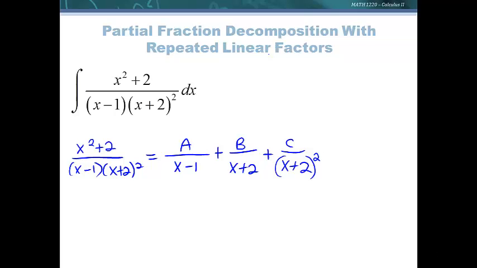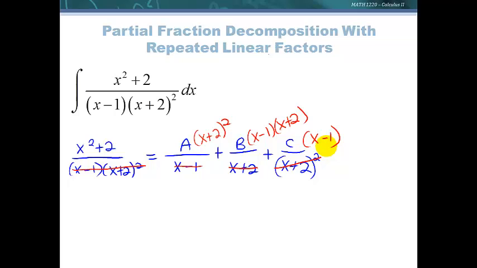So if we clear the fractions, if we multiply everything by x minus 1 times (x plus 2) squared, that would disappear here. The x minus 1s would go here, and we'd have left an x plus 2 squared. One of the x plus 2's would go here, and we'd have left an x minus 1 and an x plus 2. And the x plus 2 squared would go here, and so we would have left x minus 1.